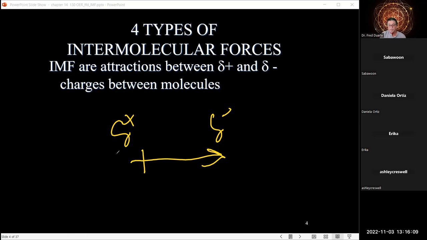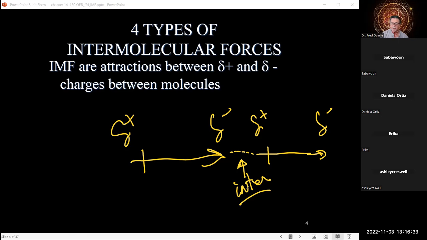Because of that, with another molecule, the partial negative side will interact with the partial positive side of another molecule. So here is the intermolecular force occurring.